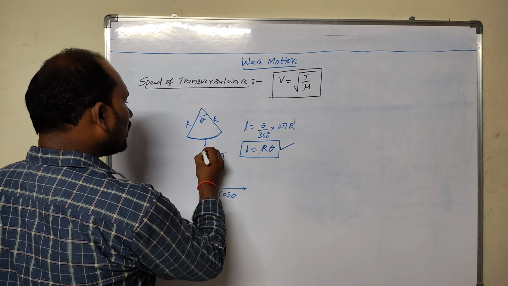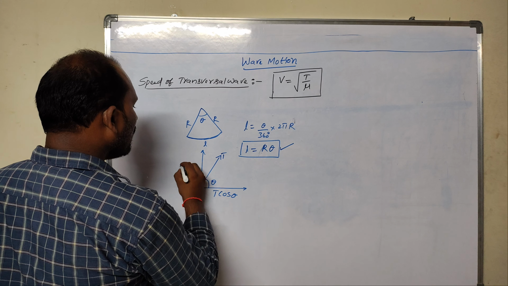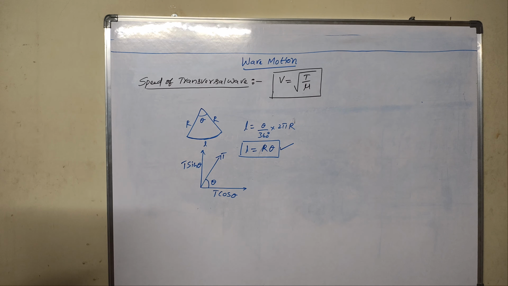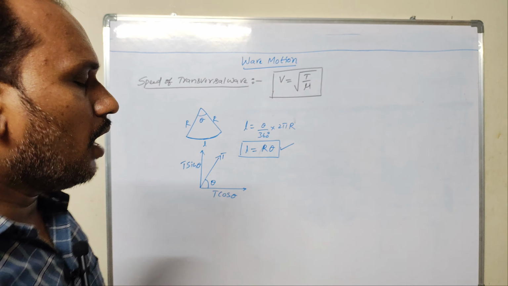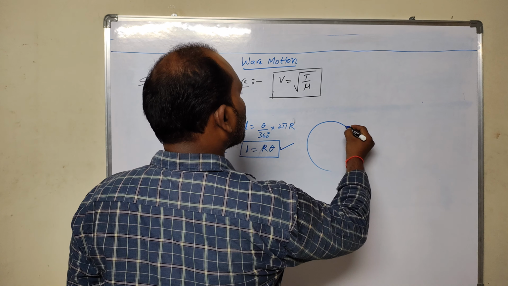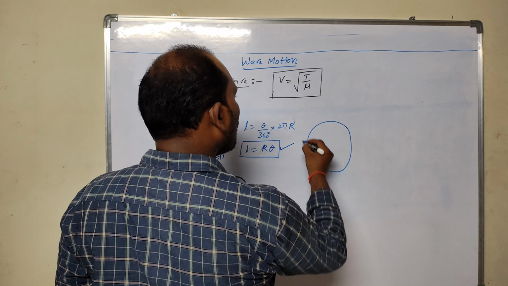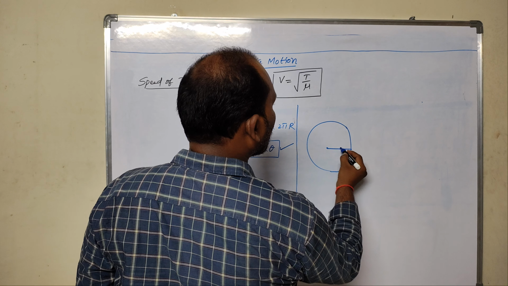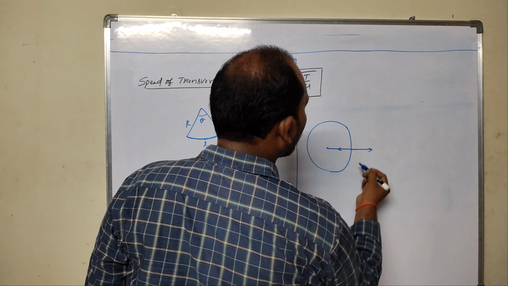Next, the vertical force is T sin theta. This is the preliminary thing required. And generally in circular motion, there is a force acting toward the center, away from the center.